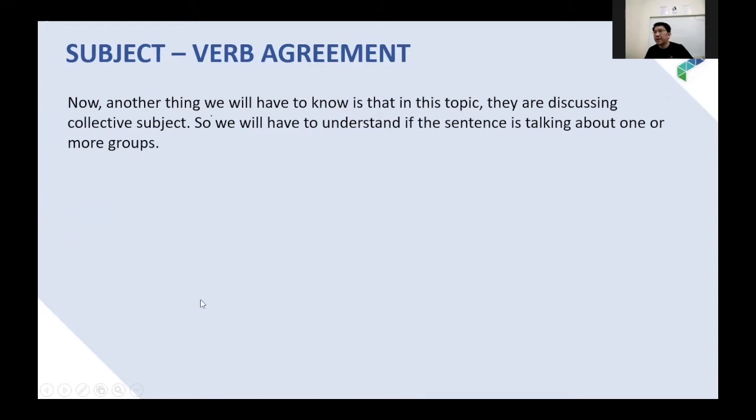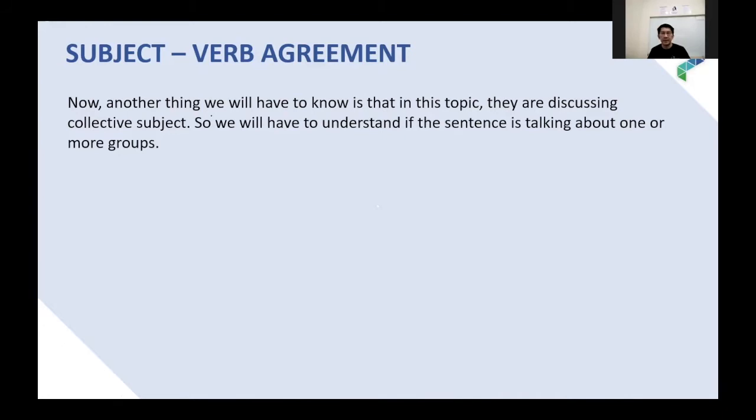Now, another thing that we will have to know about this subject-verb agreement in this particular topic, as I mentioned before, is that we'll be looking at collective subjects. What does it mean by collective subject? That means the subject is always gonna be one group or more than one group.